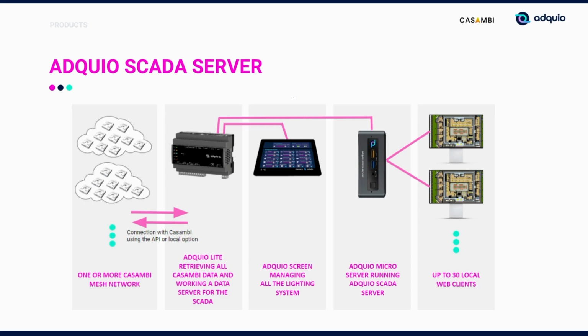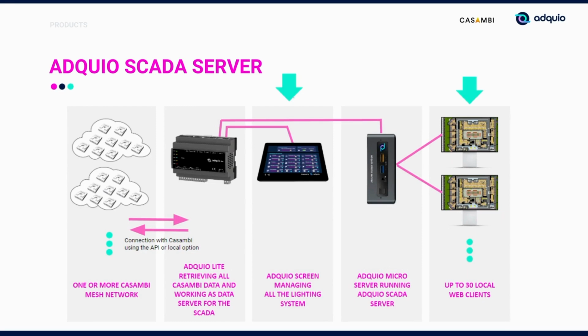This Adquio SCADA server, as you can see, will be taking the data from an Adquio Lite, and this Adquio Lite will be connected to a Casambi network using its API, although it could also be connected through a local integration. Additionally, we have an Adquio screen control also connected to this Adquio Lite, managing all the variables of the installation.